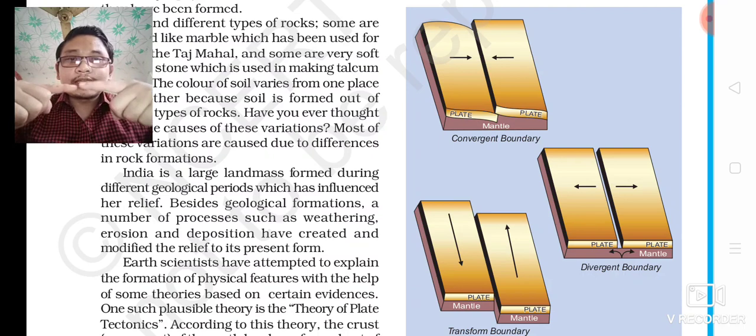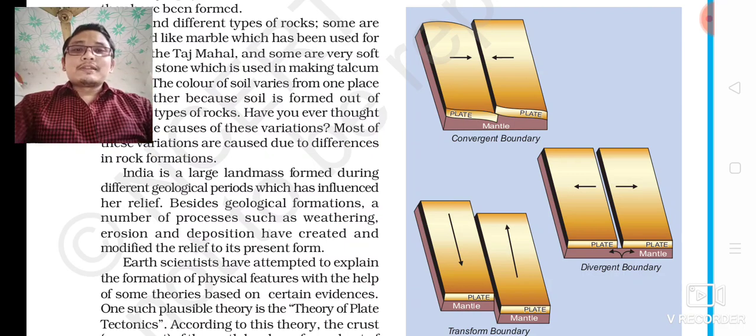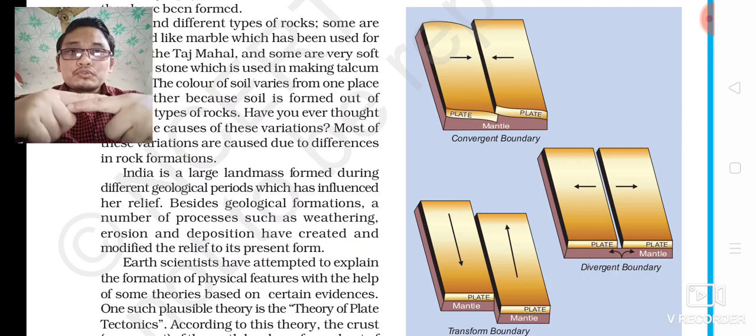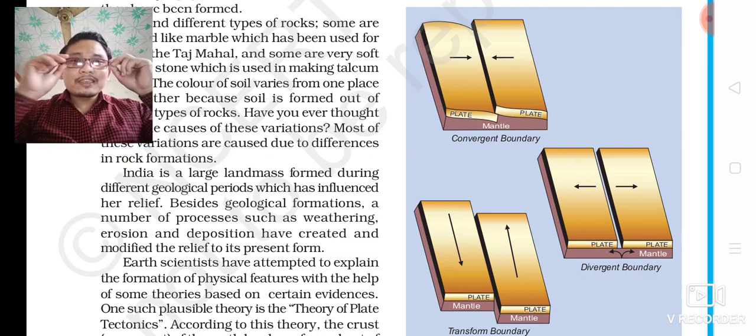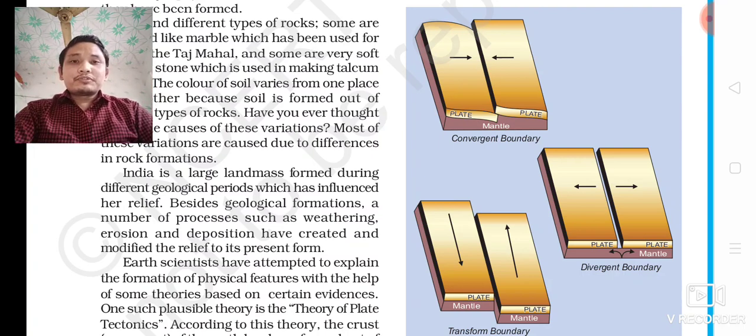And similarly, the second one, when two plates move away from each other, then this middle area might submerge. Okay, and similarly the transform movement, when two plates move past parallel to each other, no destruction, no construction. Okay, that means you might have understood the three types of movement of the plate.